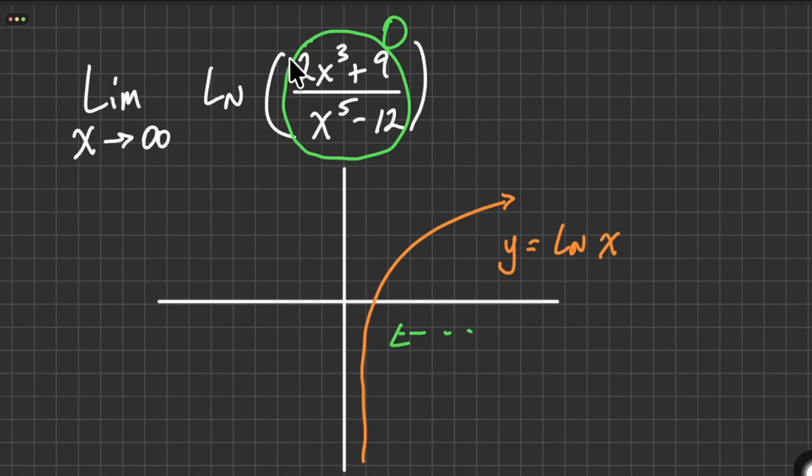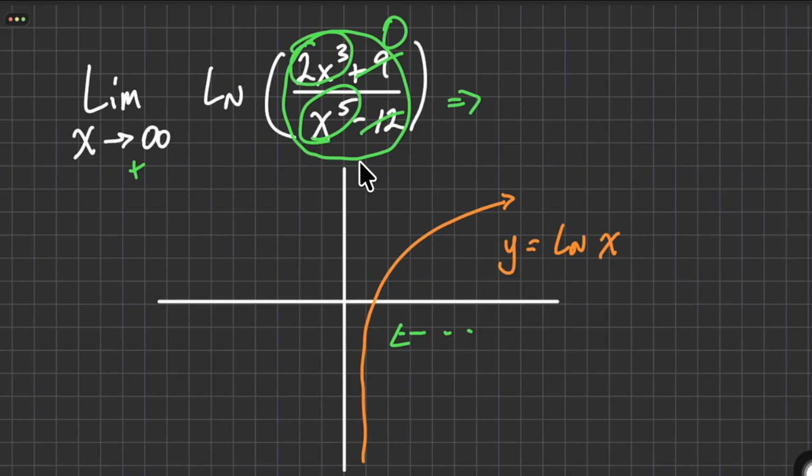The reason is this fraction is always going to be positive, because you're only going to have positive inputs as this limit progresses. So 2 times x cubed is going to be positive, x to the 5th is going to be positive, and the 9 and the 12 are going to be insignificant. So this is going to be positive and bottom heavy.